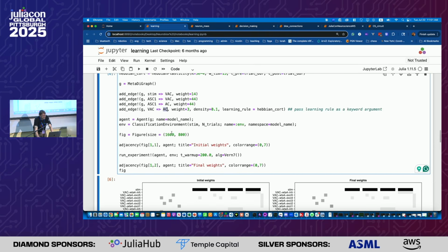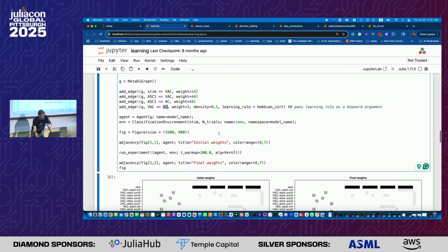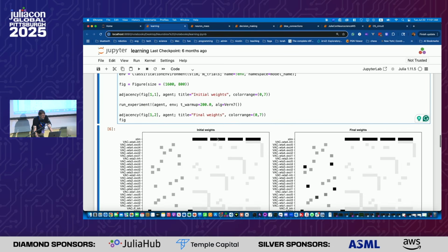And then the other thing we needed is an agent. So the agent is sort of like a struct, or I wouldn't say object because objects don't exist in Julia, but something like that, a struct that then creates the classification. And then you have to create an environment, a classification environment, and then you run the experiment.